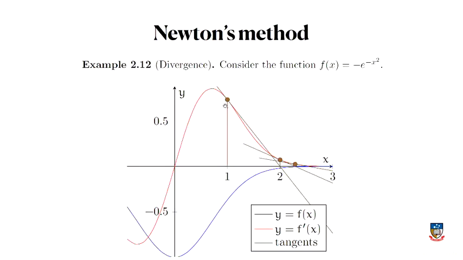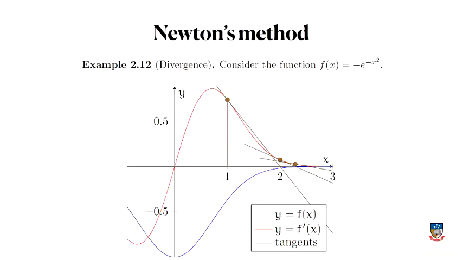If you choose a point over on the right here to start from, think about the root finding problem. You fit a tangent to the red curve here, go to 0, jump up to that point at 2, cross the x-axis down here, and you actually start moving further and further away from the minimum. The sequence of points there is getting further and further away from the minimum.